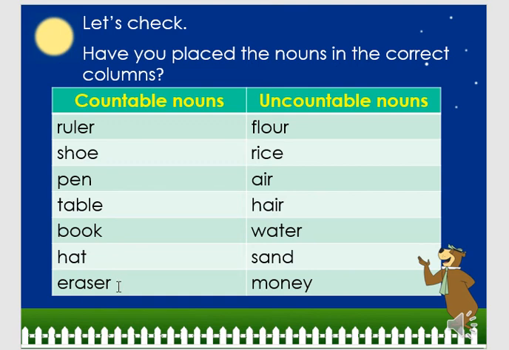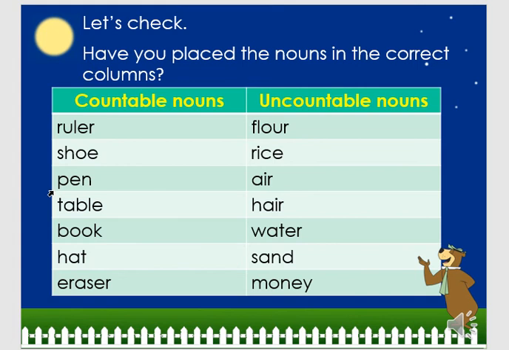Now, here is one rule that we can use to decide if nouns can be counted or not. We can tell ourselves, if I put a number before the noun, for example the number 4 beside the noun pen, it will read as 4 pens.